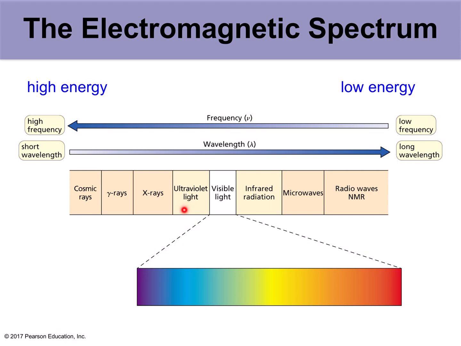Ultraviolet light again has higher energy, high frequency, short wavelength, and then the visible light goes from 400 nanometers to 750 nanometers. That's the visible region. So going from VIBGYOR, or ROYGBIV from the other side: violet, indigo, blue, green, yellow, orange, red.